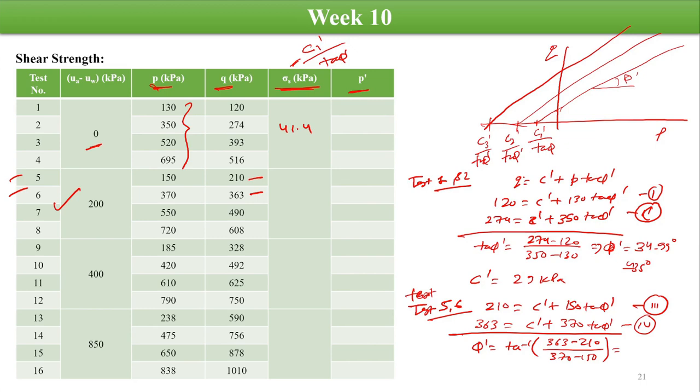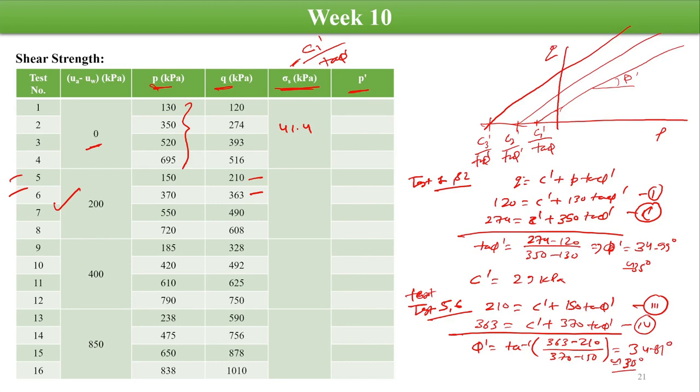It equals a value of 34.81 degrees. So that's again mostly equal to 35 degrees, we can say. So the value of phi dash is not changing, we can say from here.